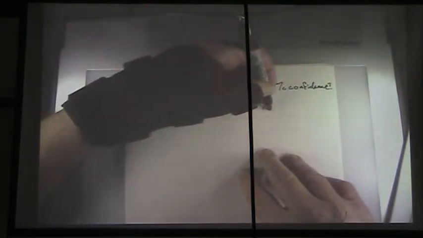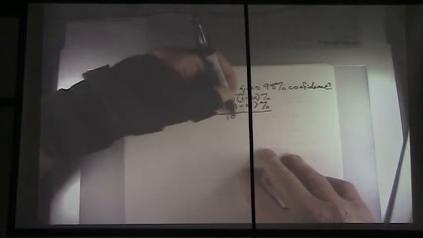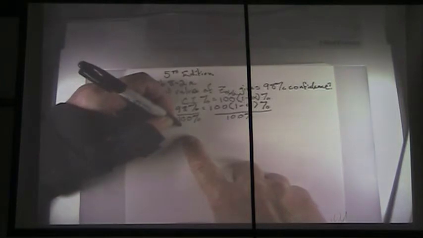So I am going to now divide both sides by 100%. When I do that, over here I get 0.98, right?